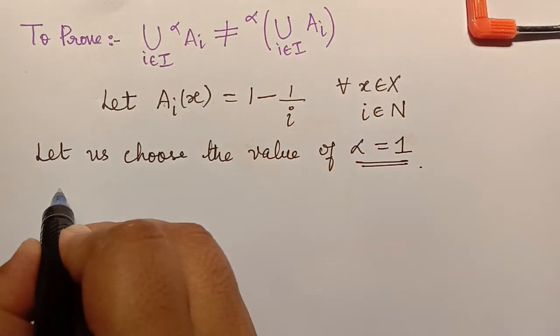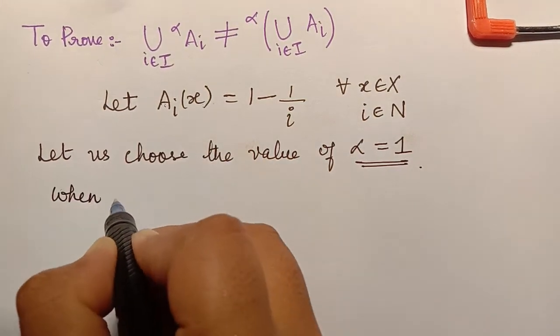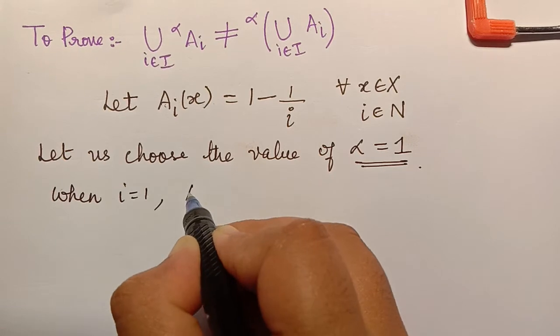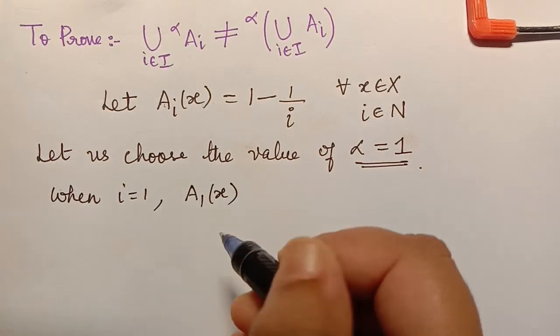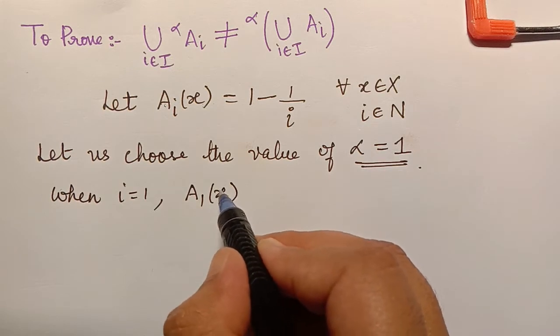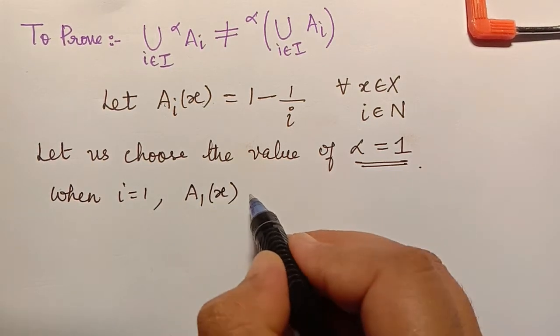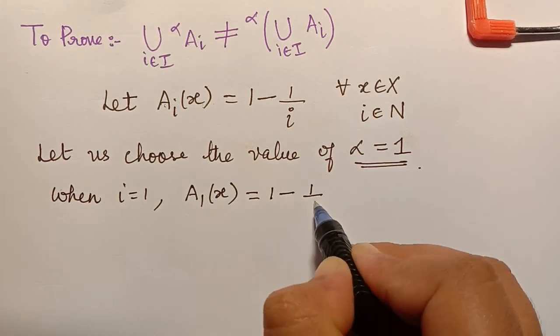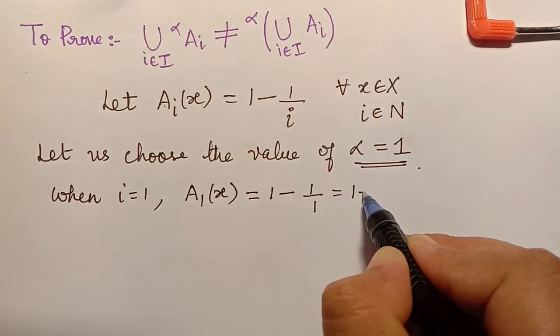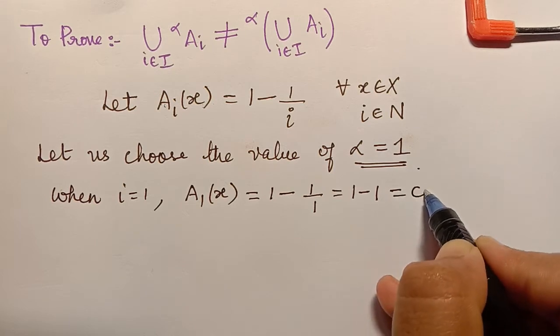So when I is equal to 1, what do we get? The fuzzy set A1. So A1 of x, that is the membership grade of x with respect to the fuzzy set A1, will be equal to 1 minus 1 by 1, which is equal to 1 minus 1, and that is equal to 0.